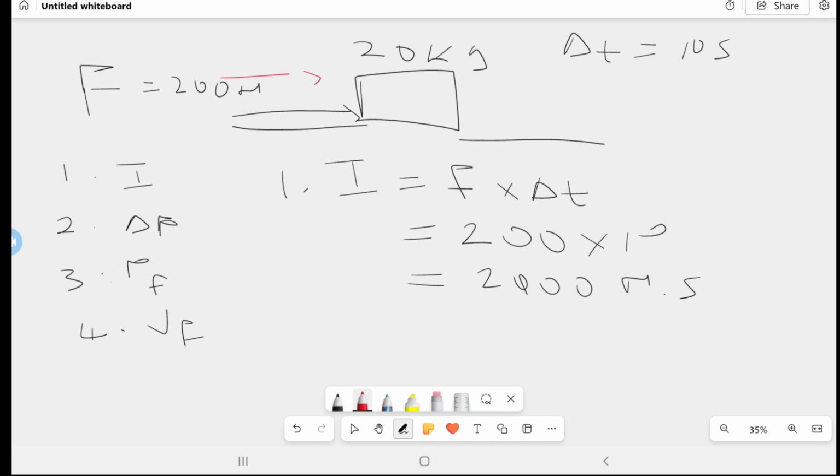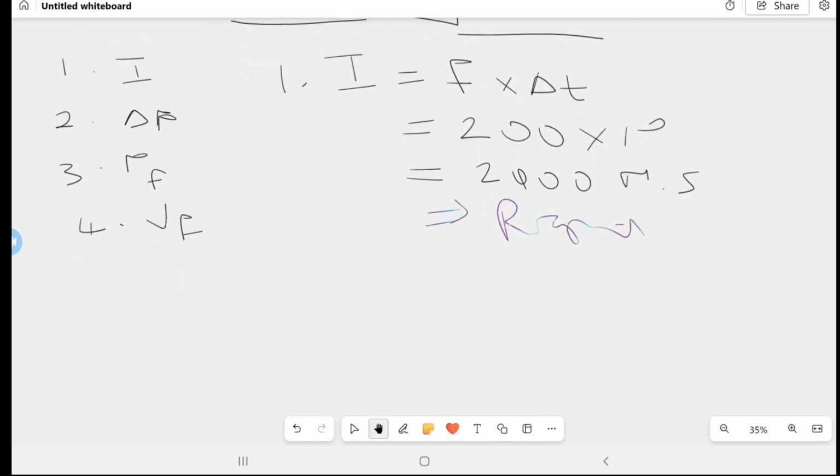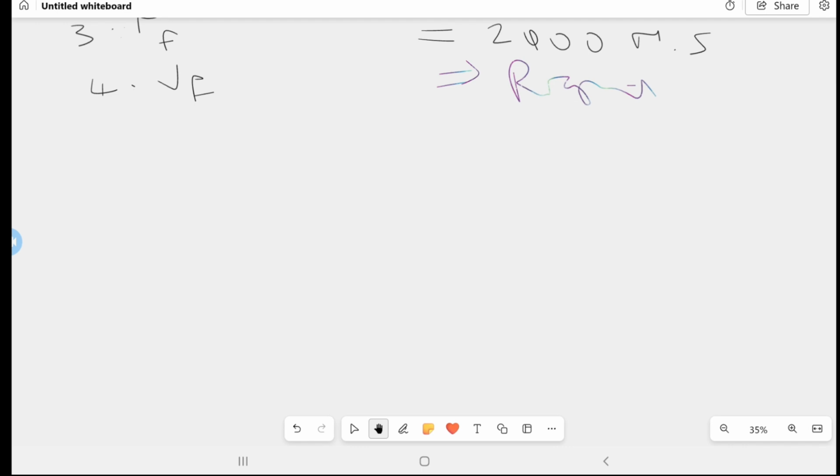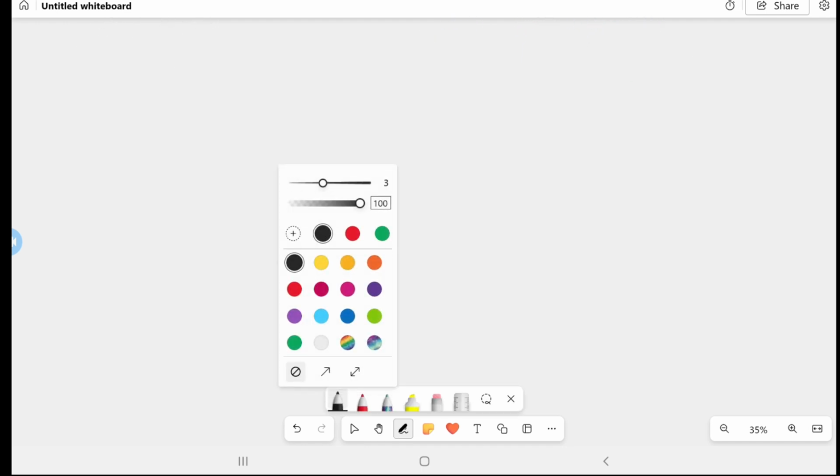Just in case, let's mention the direction of the impulse. Okay, fine. Now let's go to the second question, which is change in momentum.